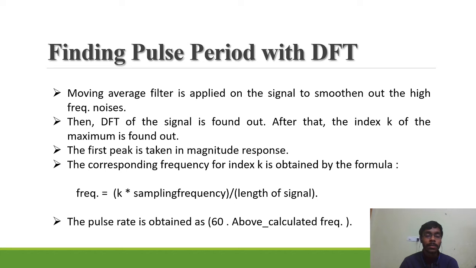So the first peak is taken in the magnitude response. The corresponding frequency for index k is obtained by the formula frequency equals k into sampling frequency divided by length of signal, and the pulse rate is obtained as 60 into the above calculated frequency.